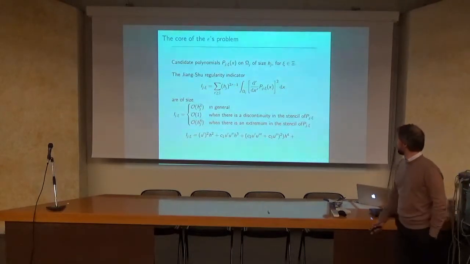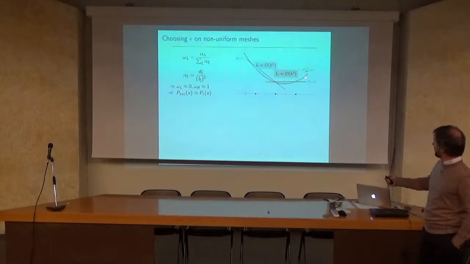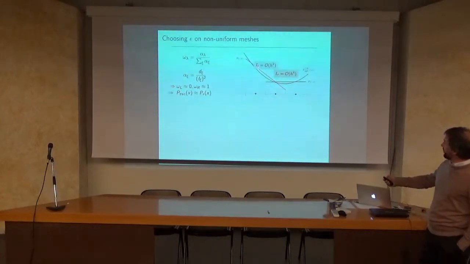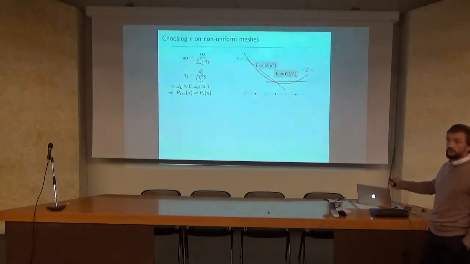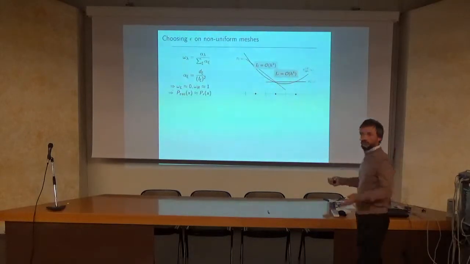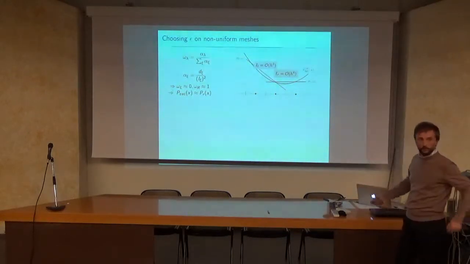And that's a problem because if you are close to a local extremum, you would have, for example, the left polynomial with a big indicator and the right polynomial with a very small indicator. When you go through this procedure, you would get omega left approximately 0, omega right approximately 1, and the reconstruction polynomial would be equal to the right linear, which is, of course, a loss of accuracy in a very smooth situation in which there's no point in this.